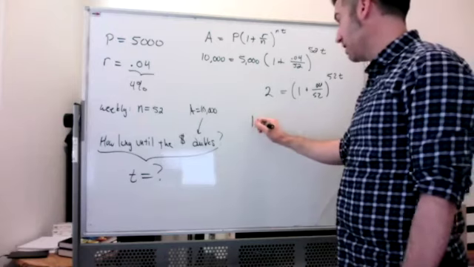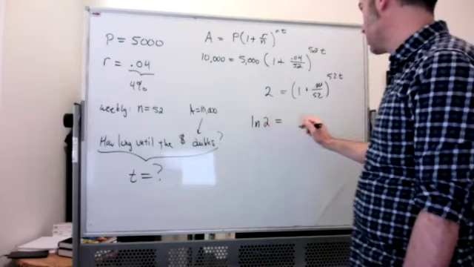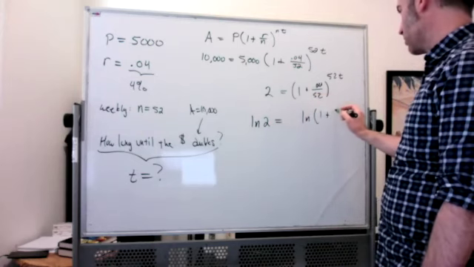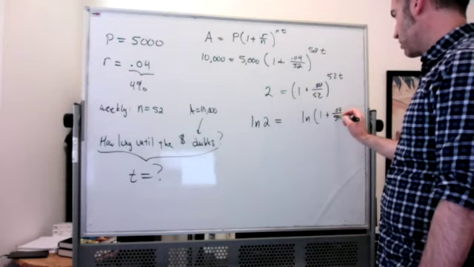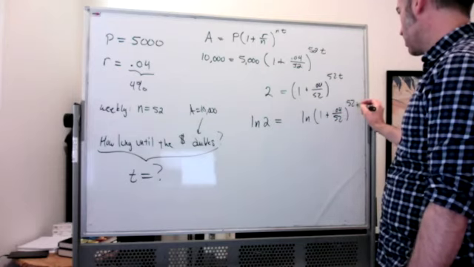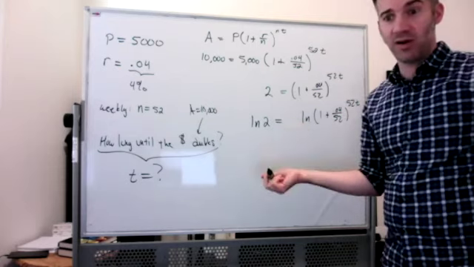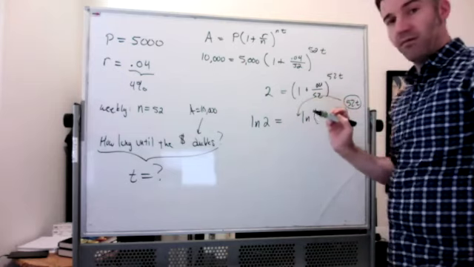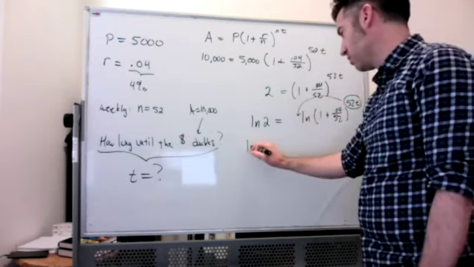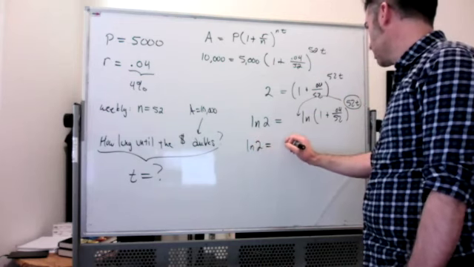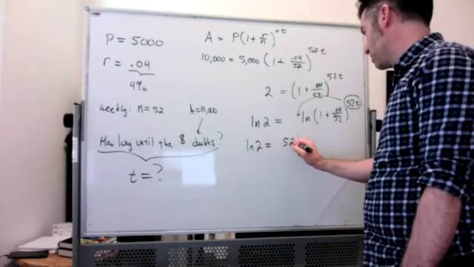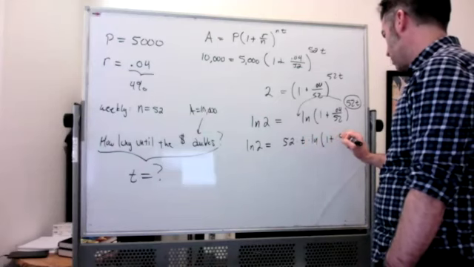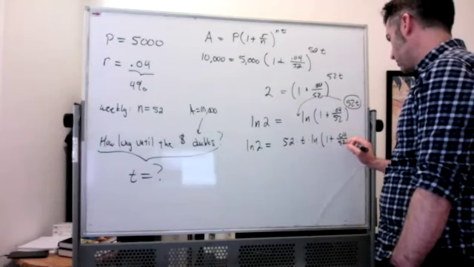So I'm going to do the natural log of 2 equals the natural log of 1 plus 0.04 over 52 to the 52t. And the whole reason we take the natural log is so we can bring this exponent down in front. So the natural log of 2 is equal to 52 times t times the natural log of 1 plus 0.04 divided by 52.